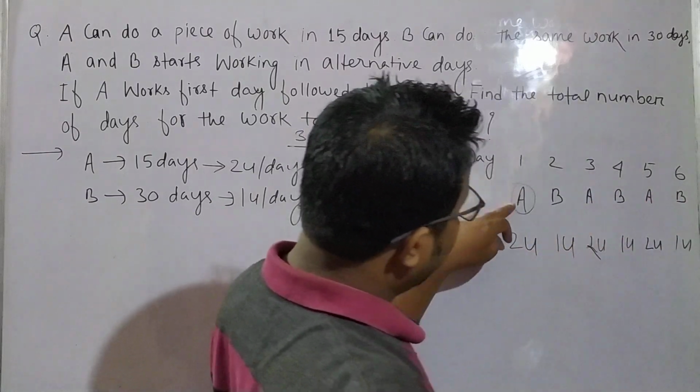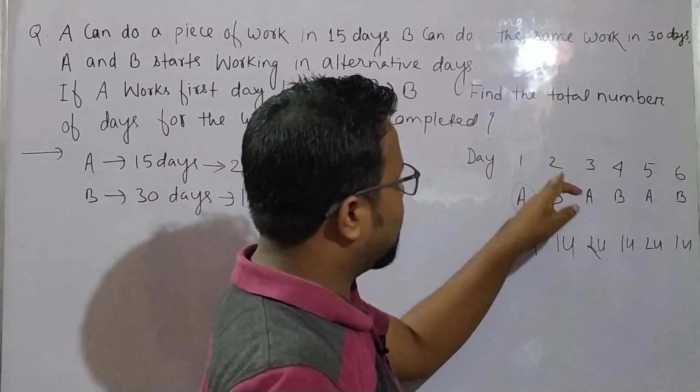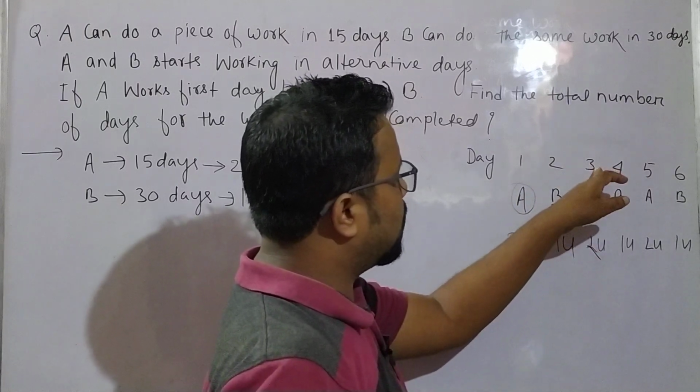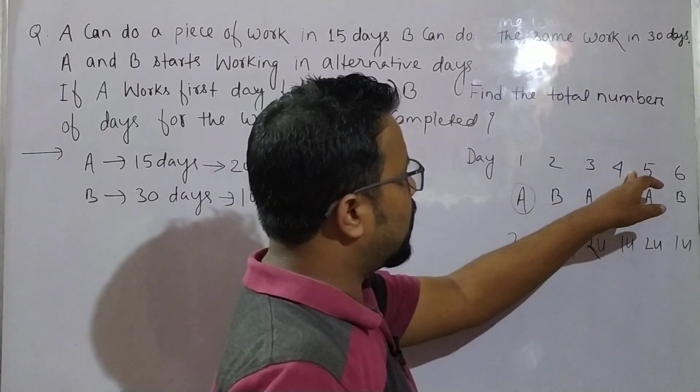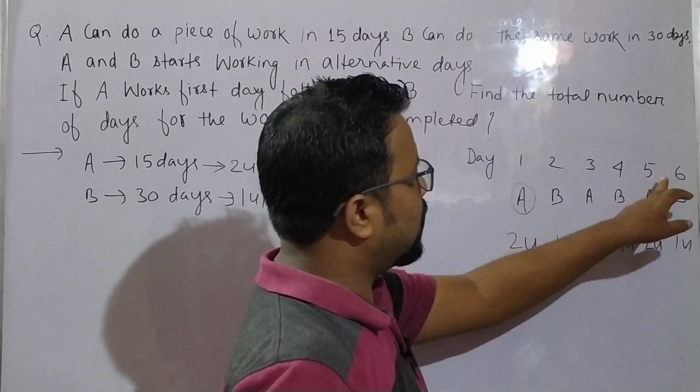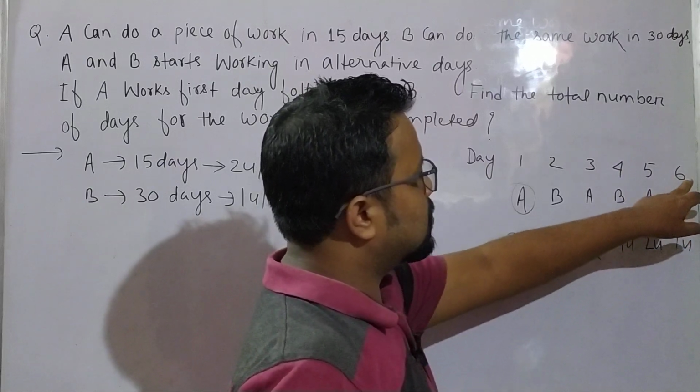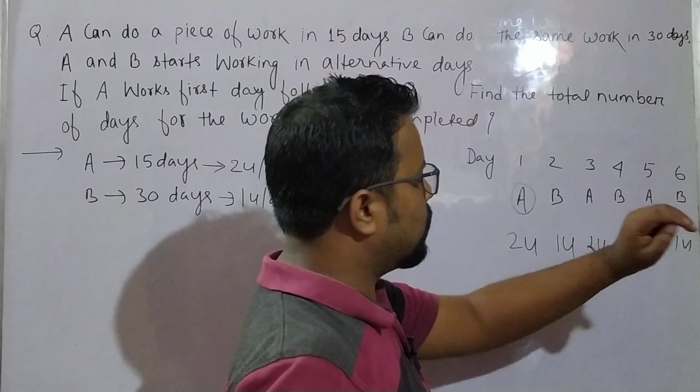So first day A is working 2 units. Second day B is working 1 unit. Third day A 2 units. Fourth day B 1 unit. Fifth day A 2 units. Sixth day B 1 unit.